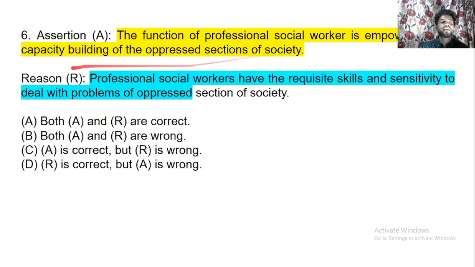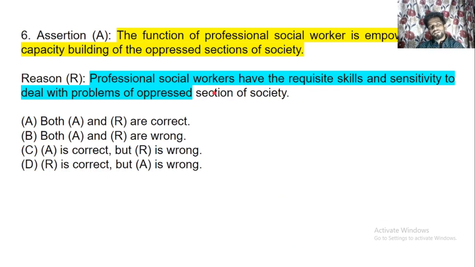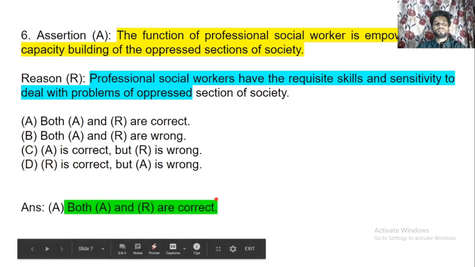Yes, this is correct. Then, professional social workers have the requisite skill and sensitivity to deal with the problems of the oppressed section of society. Yes, we have to develop professional skills and sensitivity to deal with the problems of the oppressed section and for the development of society. So both will be correct.